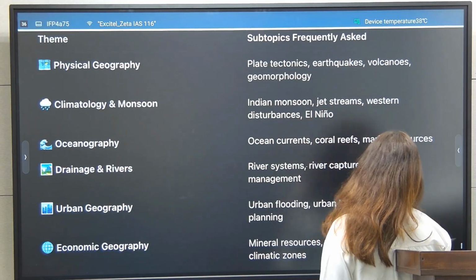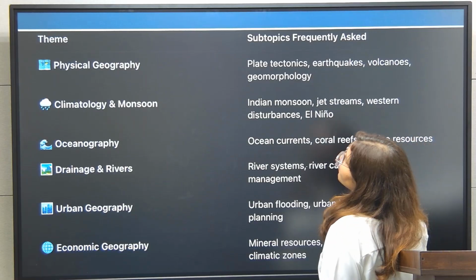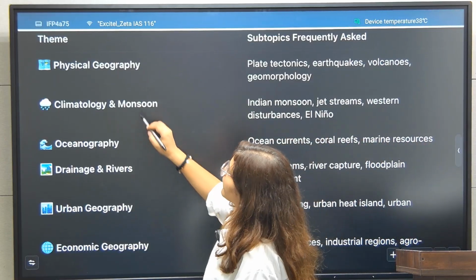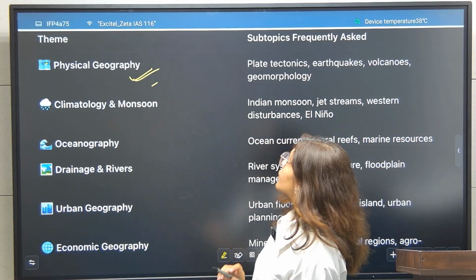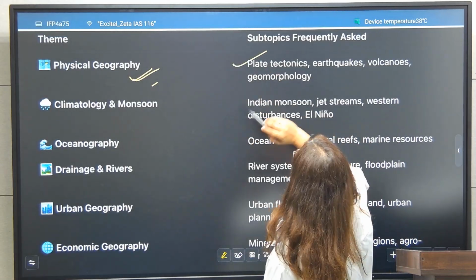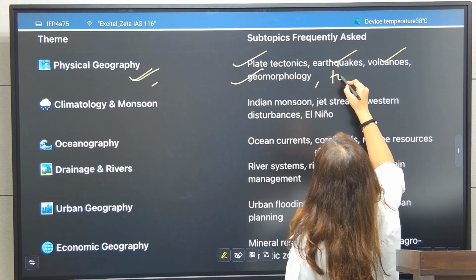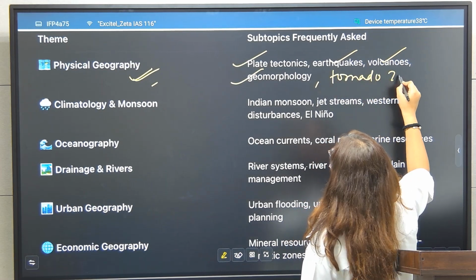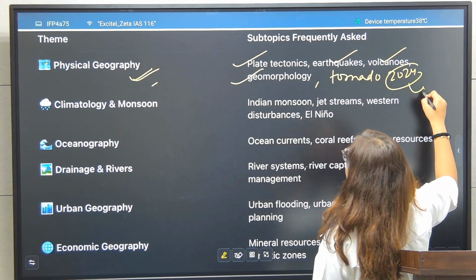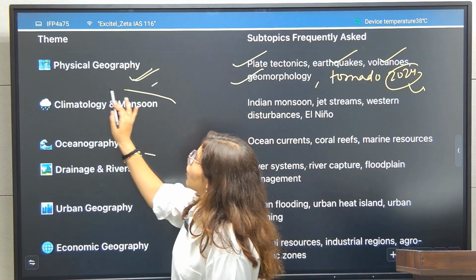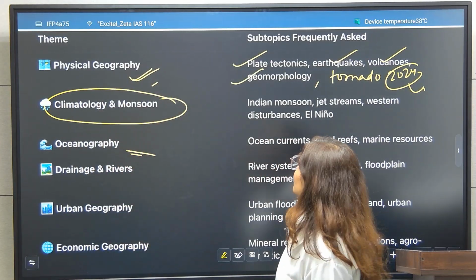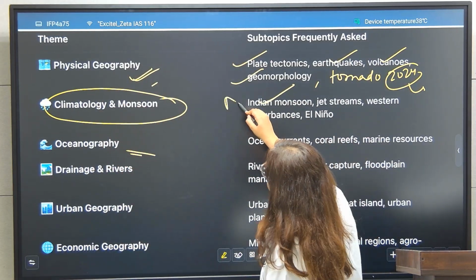So these are the broader things that you have to make notes on in geography. Like in physical geography, you have to make notes on plate tectonics, earthquake, volcano, and now tornado also, because in 2024 UPSC asked on twister. On climatology and monsoon, Indian monsoon is important.